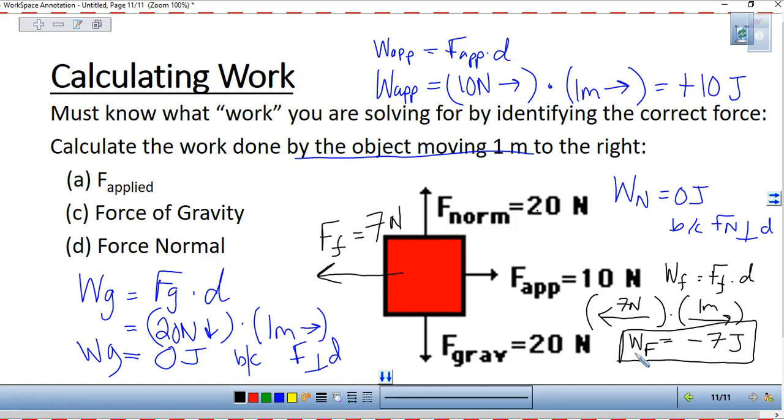So you get the signs from the direction of the arrows. So if you have all four, like in this case, you could have 0, 1 positive, 1 negative. So that's how you can calculate work here.